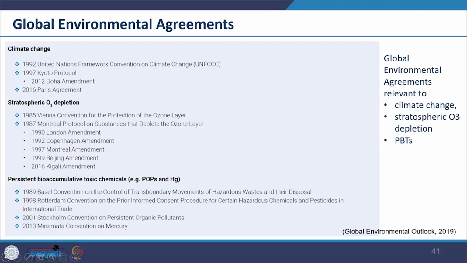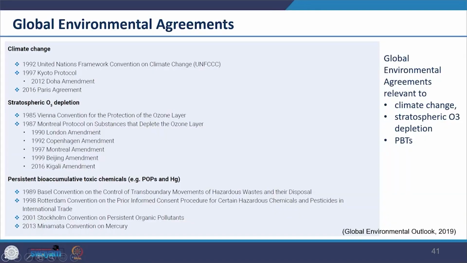So we had set those targets. In the image, you can see global environmental agreements relevant to climate change, ozone depletion, and PBT. So you can see a range of agreements which are concerned with air. You can see the 1992 United Nations Framework Convention on Climate Change, Kyoto Protocol, Paris Agreement.